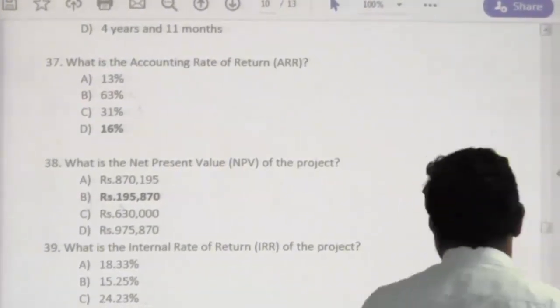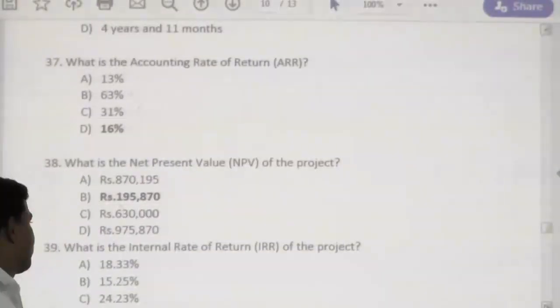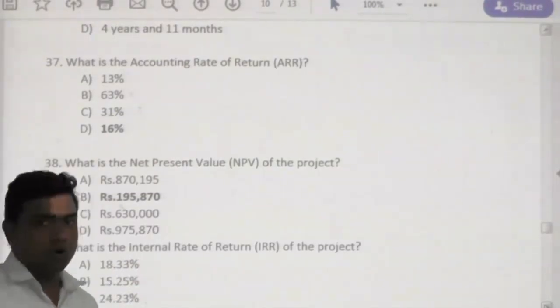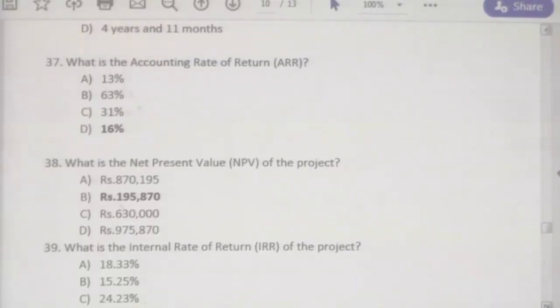Now the next question, question 38 asks what is the net present value, and 39 asks what is the IRR. Let's calculate both in the same table, then we can easily solve this question. I have already erased the previous present value calculation, but you already have the present value calculation in the exam.